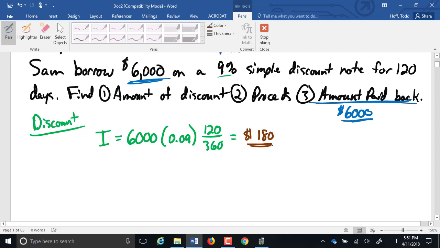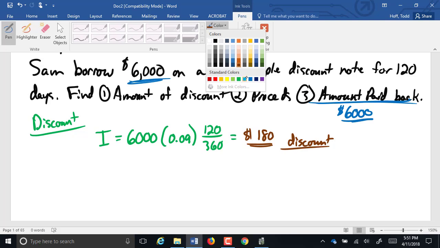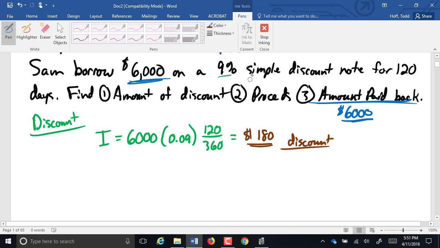So your interest of $180, that's our discount. So far, that looks just like the simple interest note. The proceeds is where it's different.